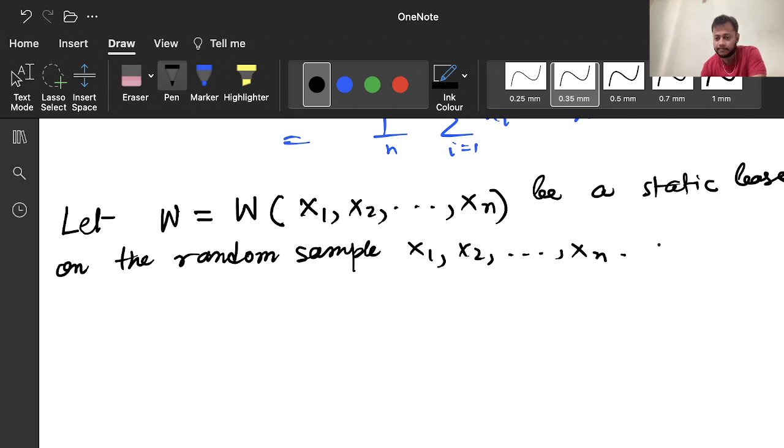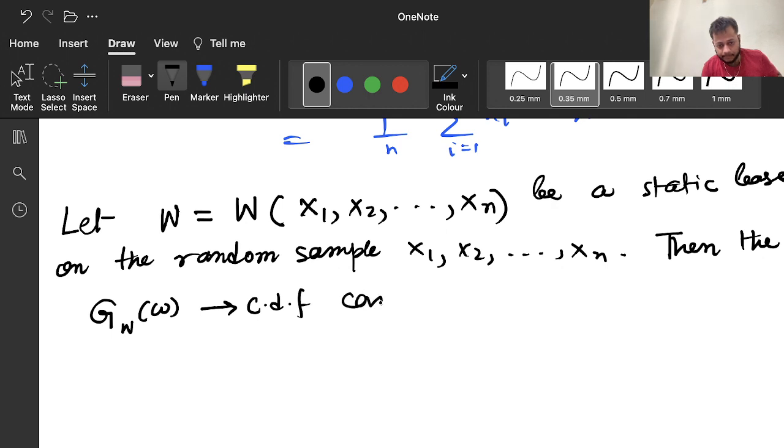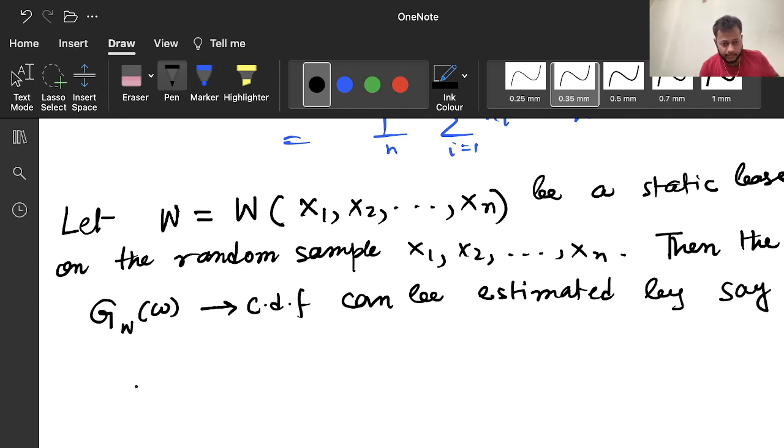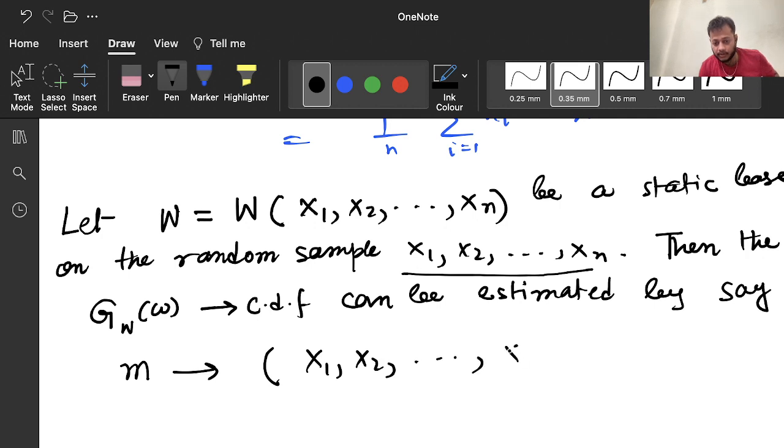Then the EDF, or the CDF of G(w), the CDF, can be estimated by, say, m observations of this type x1, x2, ..., xn.